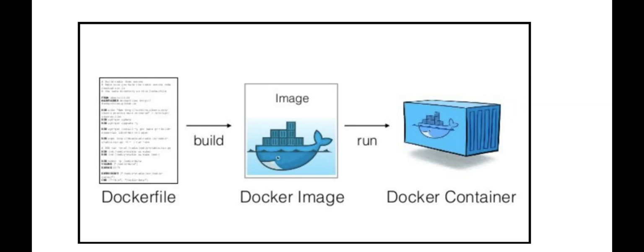So whenever you want to create an image, first of all, search for something called a Dockerfile. This is basically the file which will contain instructions on how the image will be created. So building the Docker image using the Dockerfile is going to be the first step in your workflow.